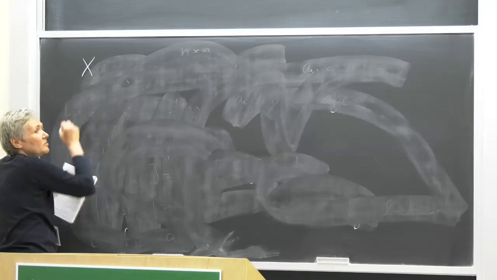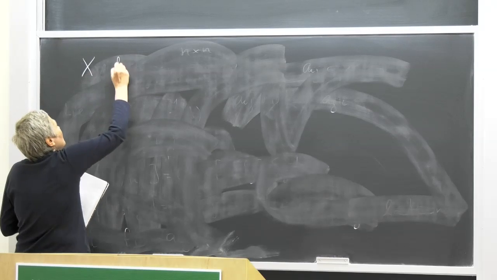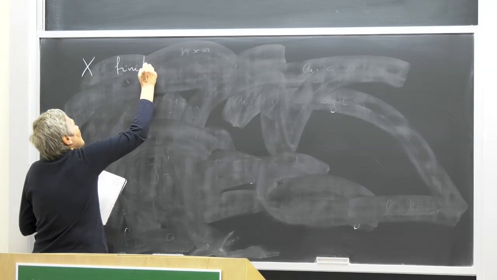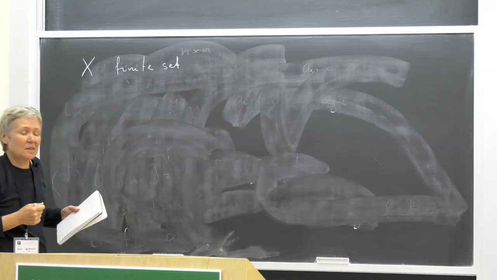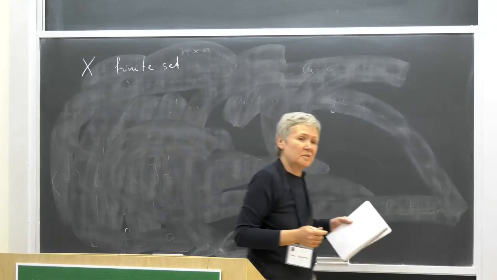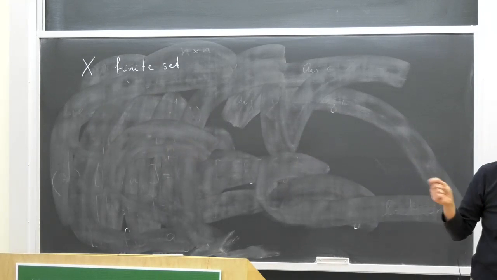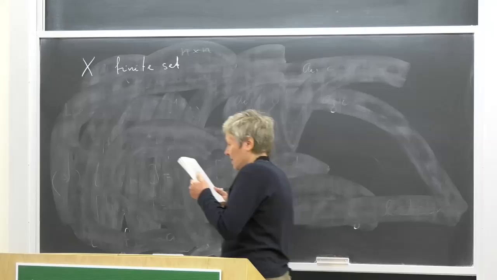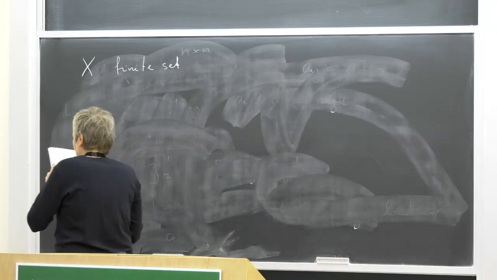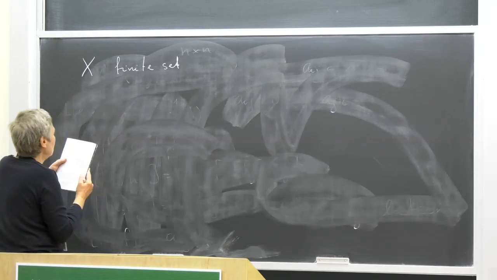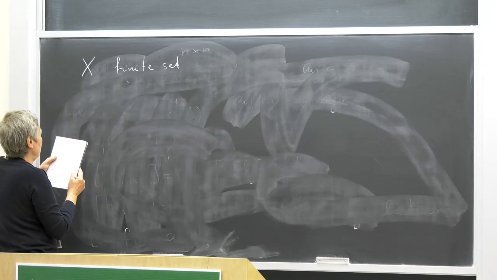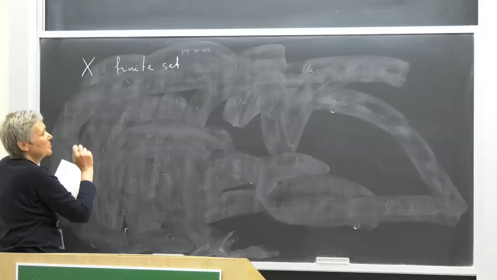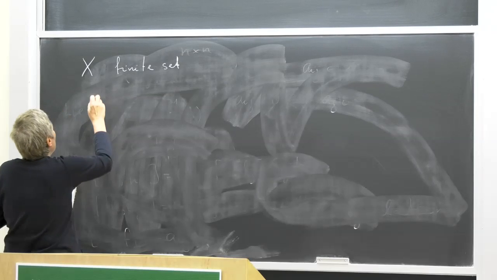So we start with a fixed finite set. And we are going to define the category. So we're going to define the set of objects and the set of arrows between them. And so first of all, what is our object? Here we have a few things.